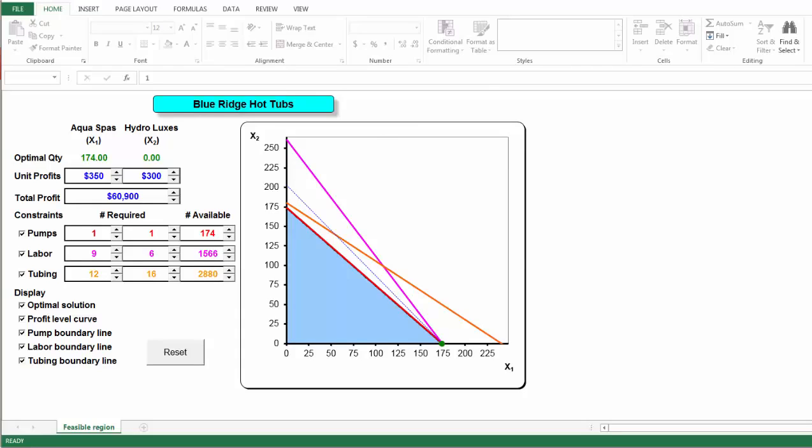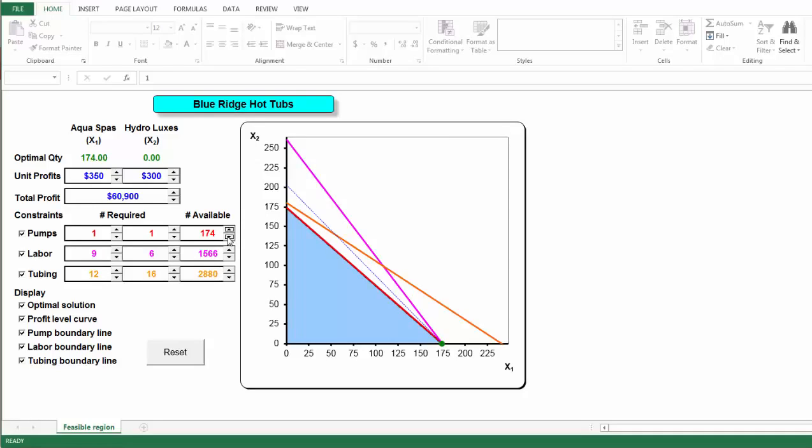$60,900. If we add one more pump, to 175, the optimal profit goes up by $200 to $61,100. That is, the pump's shadow price at this point is 200.